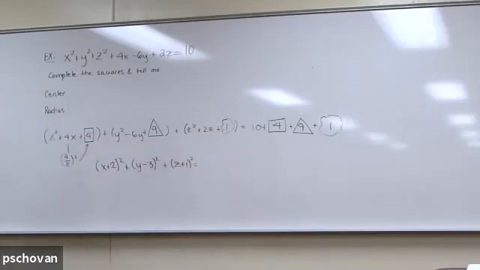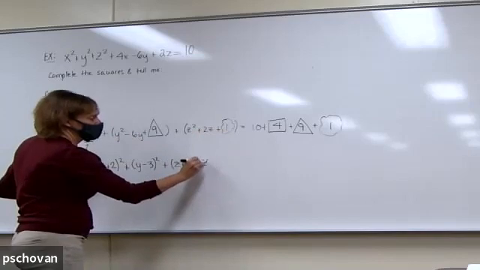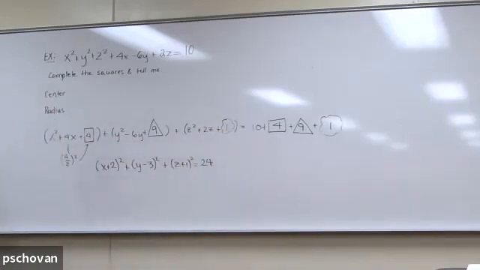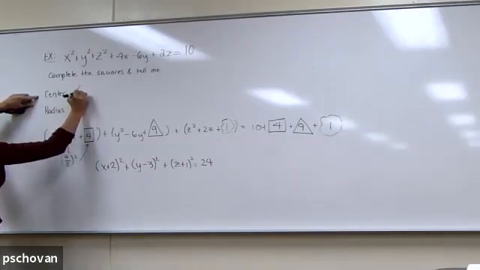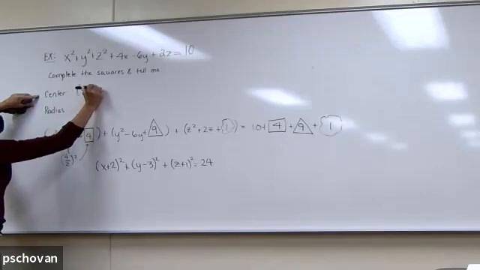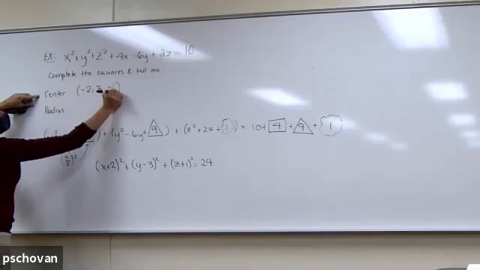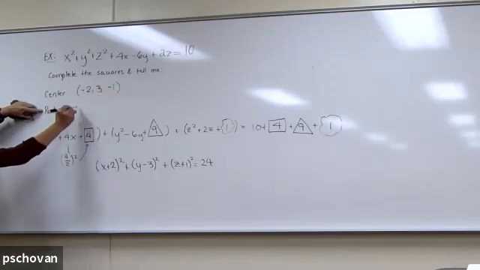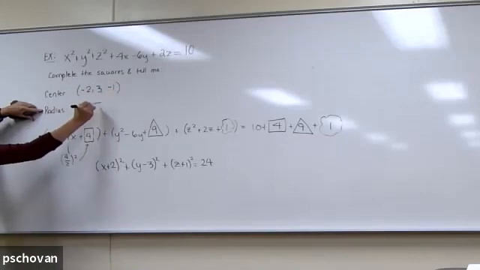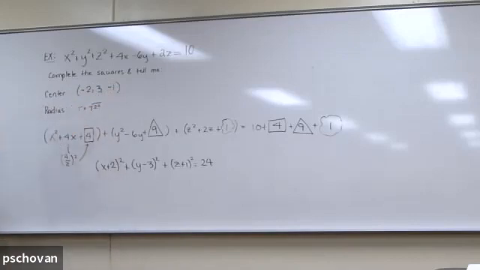And 24 on the right-hand side. All right, so call out the center. (-2, 3, -1). And my radius, the best I can do is say it's the square root of 24. Okay?